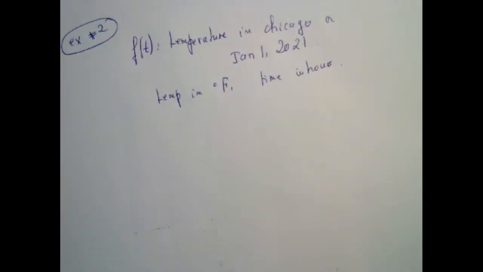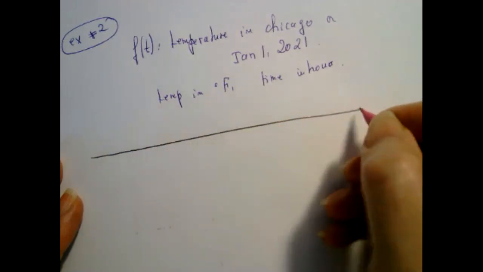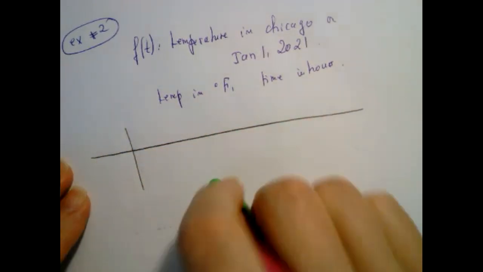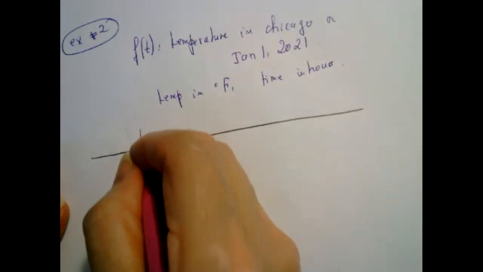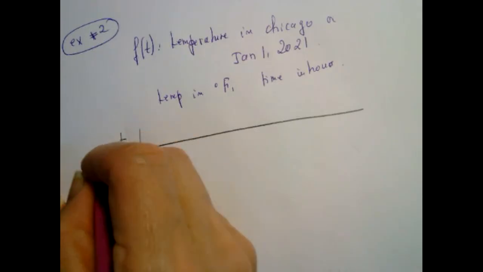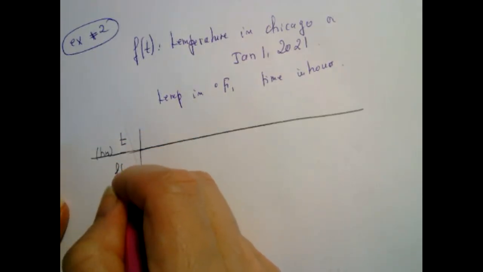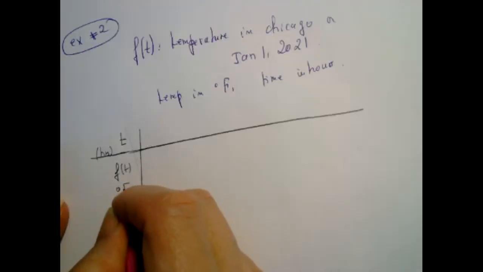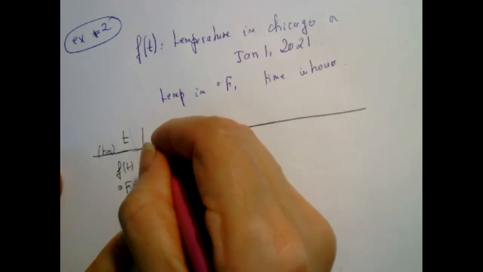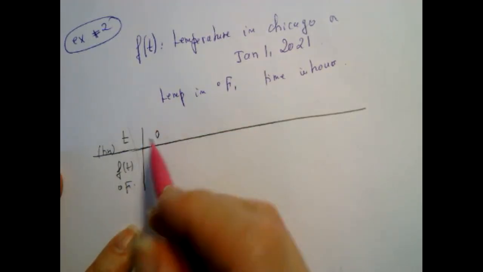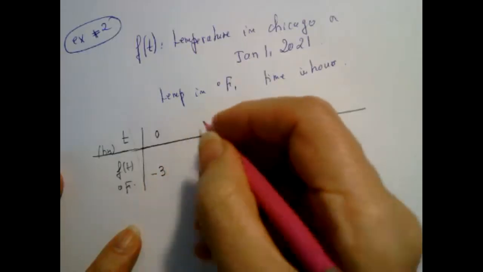And this time I will not draw a graph. I'm just going to give you a bunch of values that make sense. That's the time in hours, and that's f of t in degrees Fahrenheit. Let us say, for example, 0, which represents 12 a.m. in the morning, the temperature was -3.